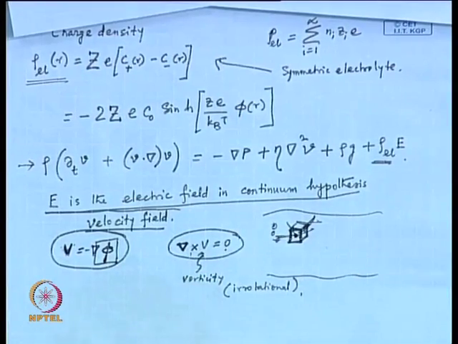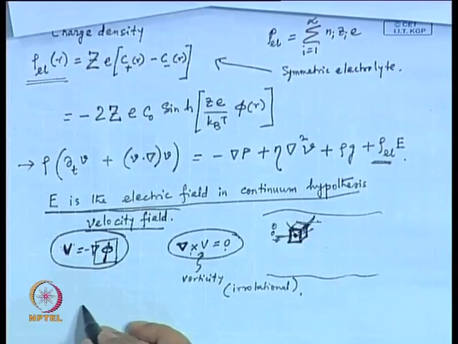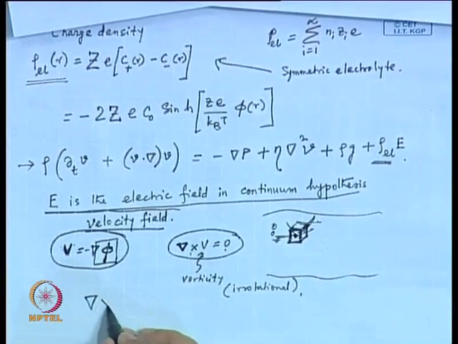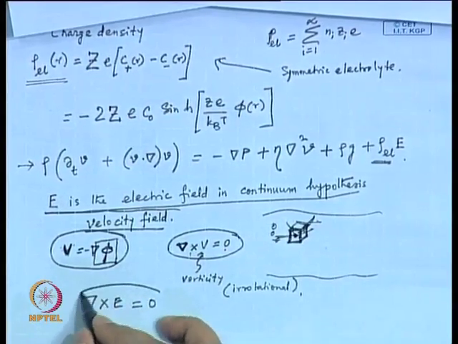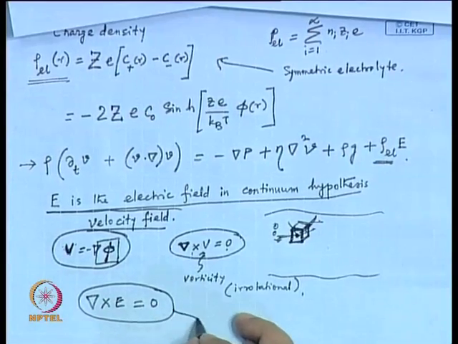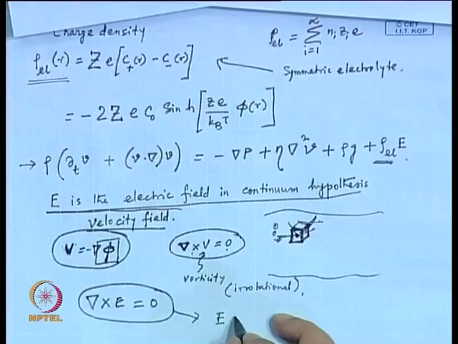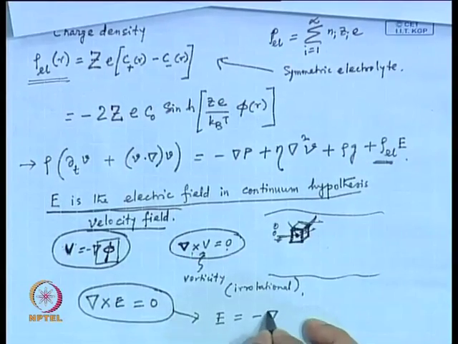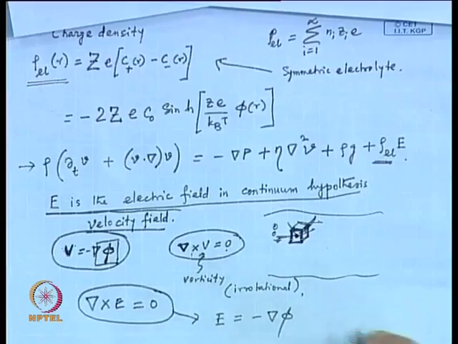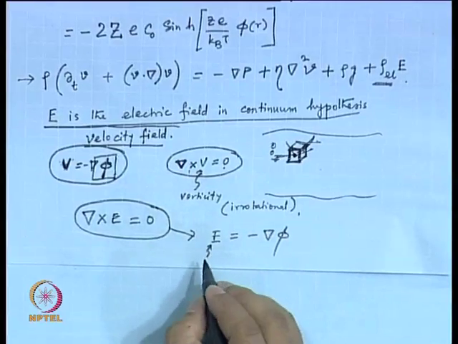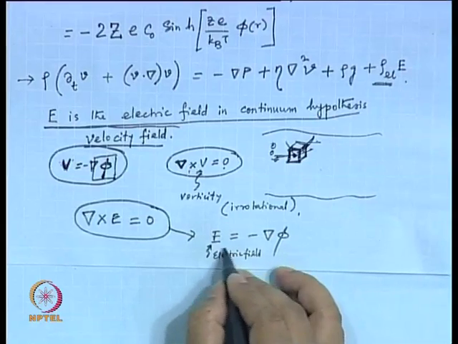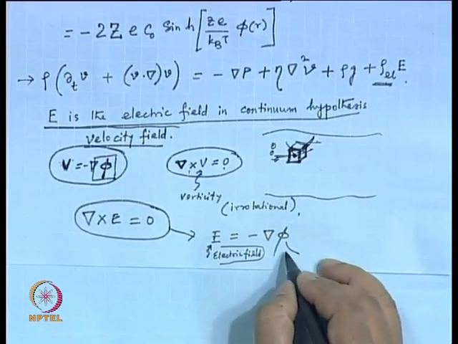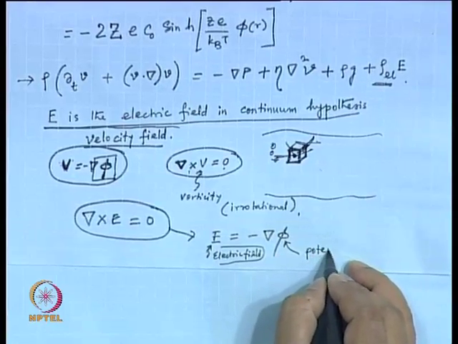In the electric field, you write that del cross E is equal to 0, and if del cross E is equal to 0, then you have the electric field E defined as minus del phi, where E is referred to as the electric field, which is synonymous to the velocity in our understanding, and this phi is referred to as the potential.